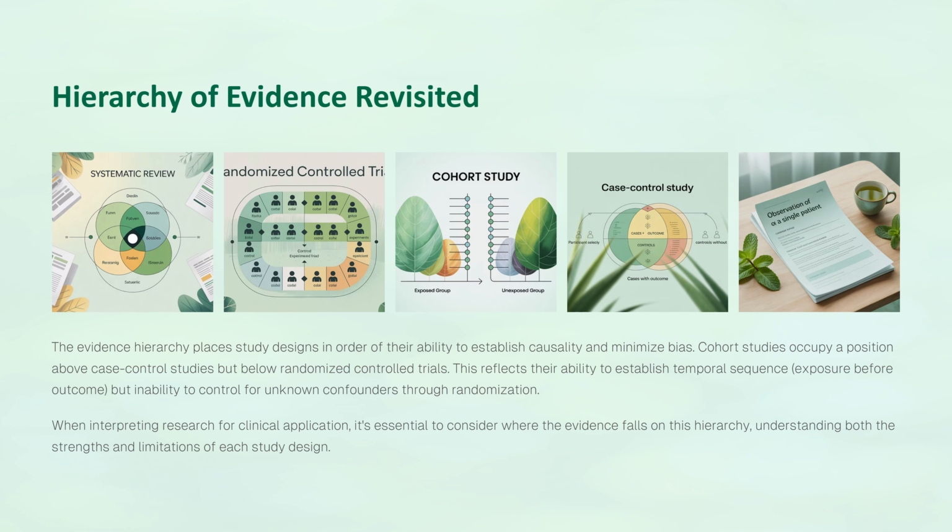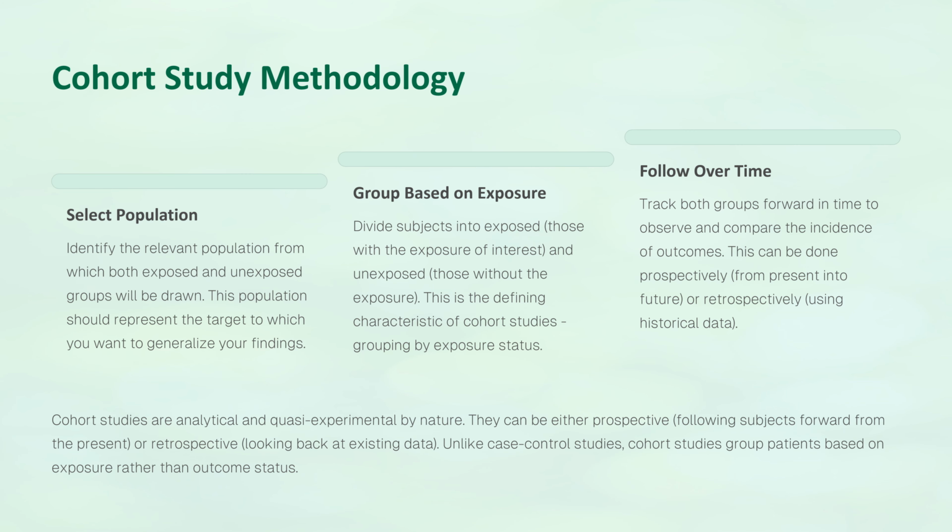Since it's flipped from a case control study, the methodology is pretty much similar, but going in the opposite direction. So first you identify the relevant population, which has both exposed and unexposed groups. You establish those groups based on exposure.